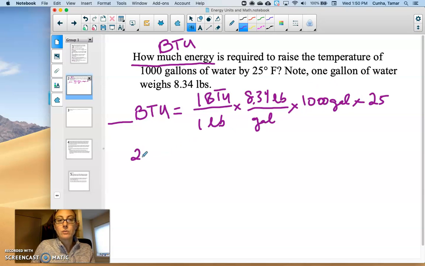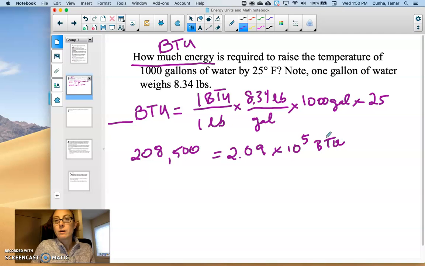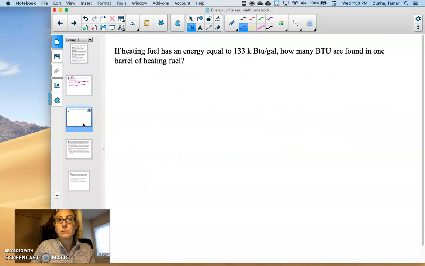And so you should have gotten 208,500 BTUs, which, if we want to put that in scientific notation, is 2.09 times 10 to the 5th BTUs. Yeah? All right, let's look at this kind of stuff again in a different situation.